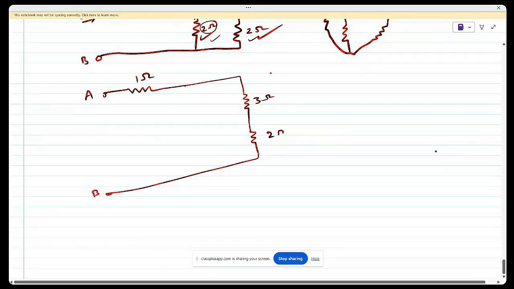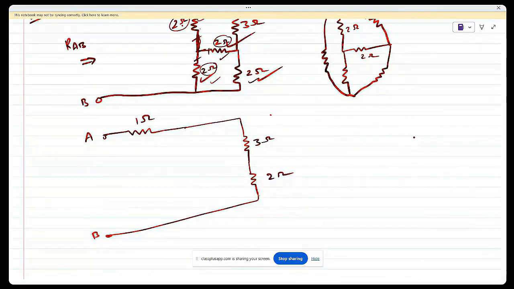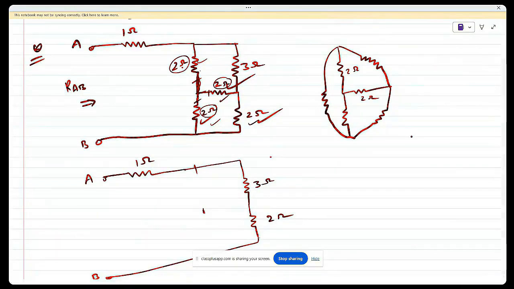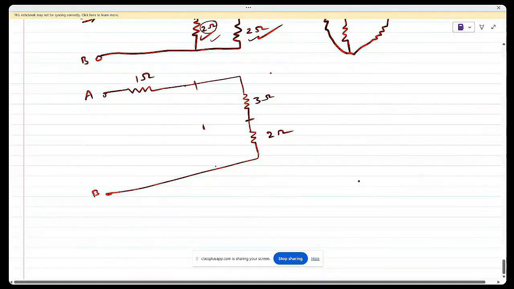I am converting these two in delta, so one terminal is here, one terminal is here. This is the common point, and these are the main points. So it will be from here to here, from here to here, and from here to here. This will be my new look of circuit.